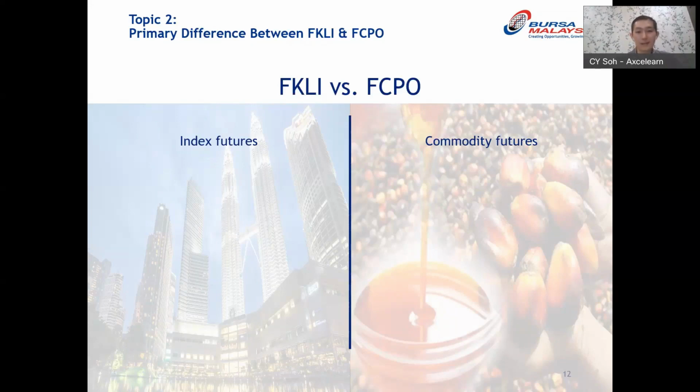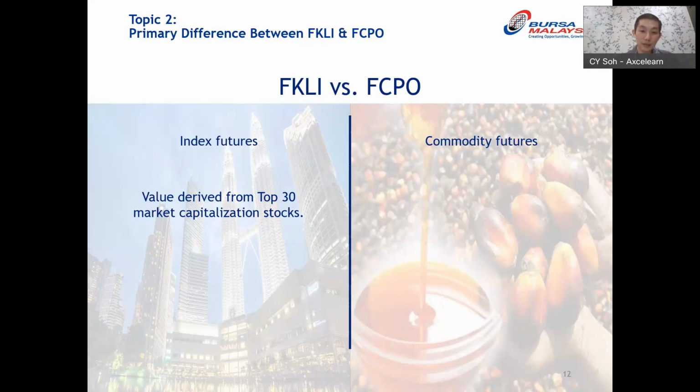So where does the value of FKLI come from? Whether FKLI goes up or goes down depends on the expectation of the companies' future earnings, right? The value actually derives from the top 30 market capitalization stocks in Malaysia.